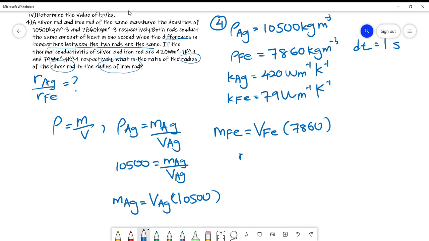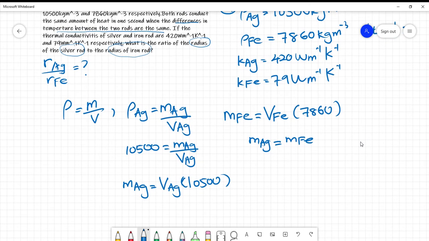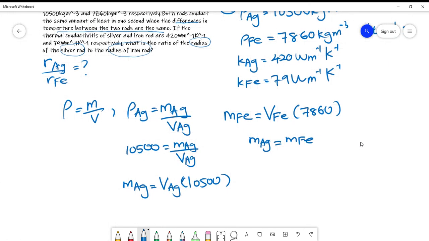So the mass of silver equals the mass of iron.